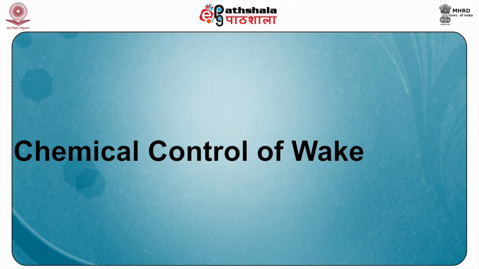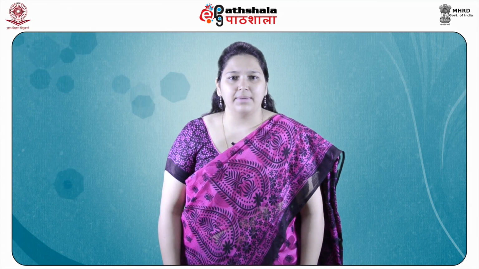Chemical control of wakefulness. Waking and consciousness depend on the activity of neurons in the ascending reticular activating system of the brain stem. These neurons project into the thalamus, hypothalamus and basal forebrain and eventually send projections to the cortex.